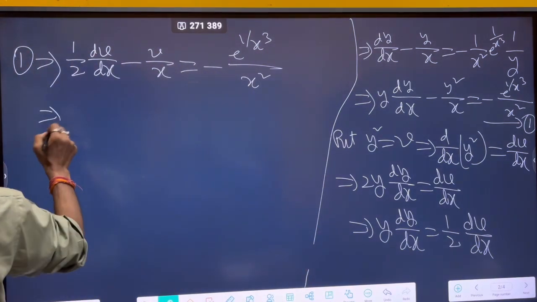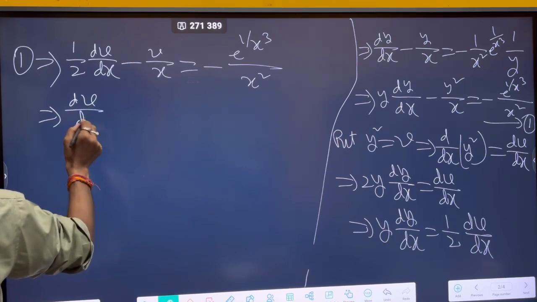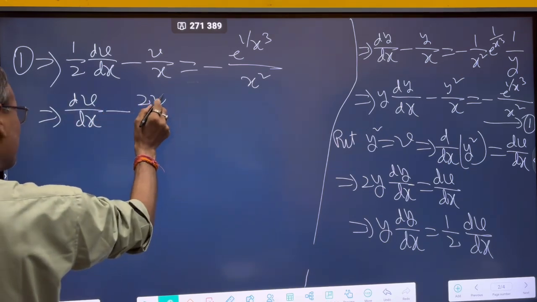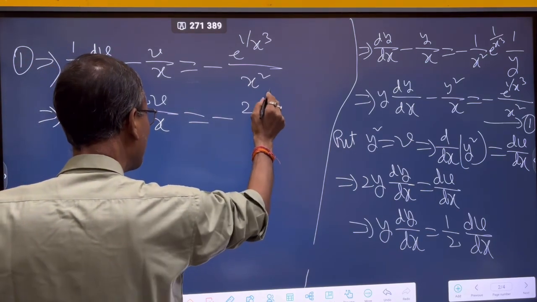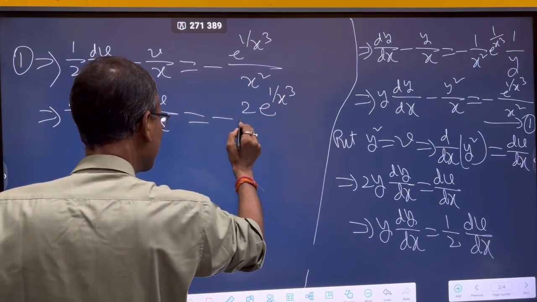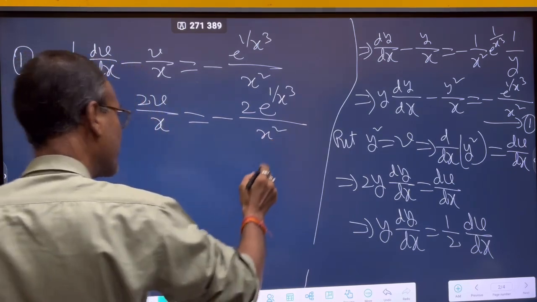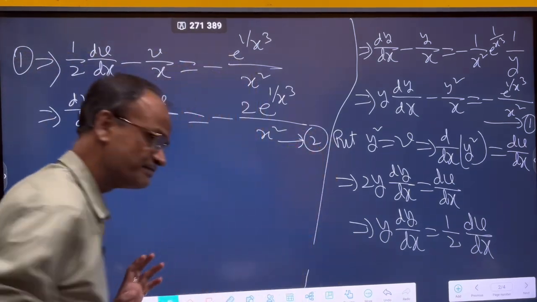Or dv by dx minus twice v by x equals minus 2 e to the power 1 by x cube divided by x square. Suppose this is number 2.